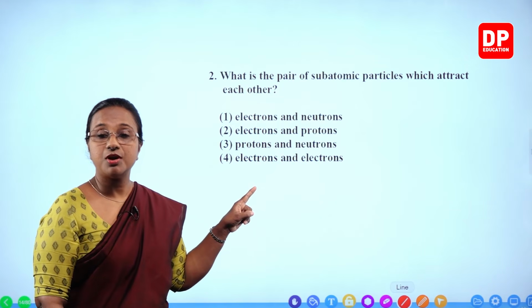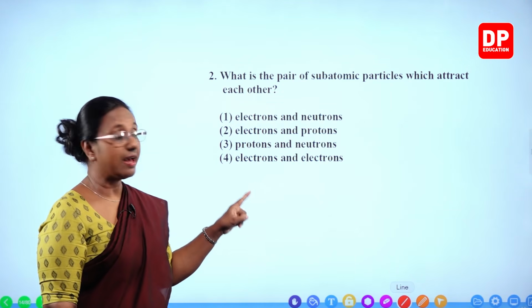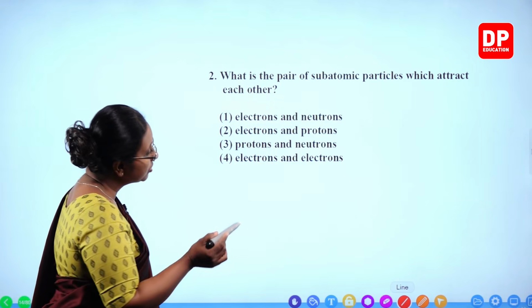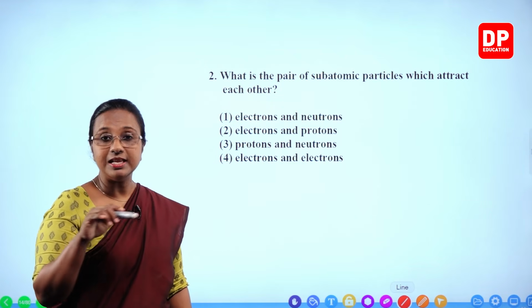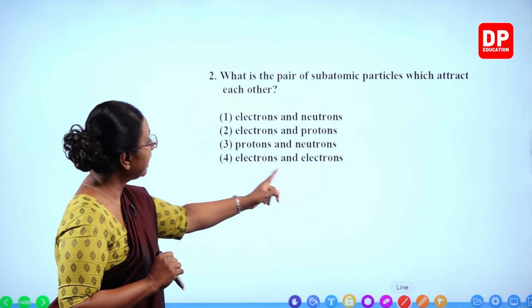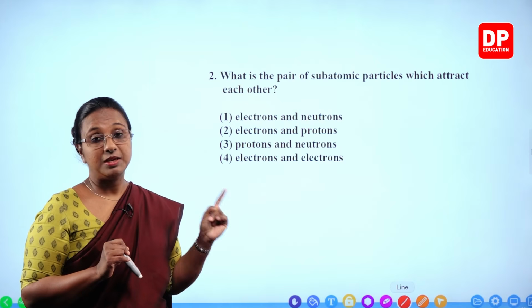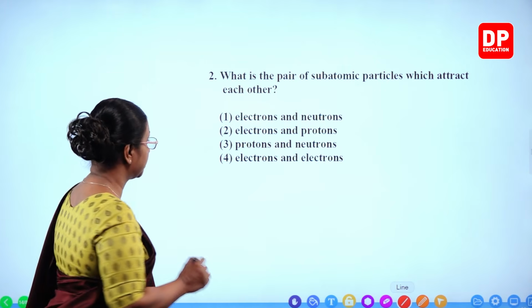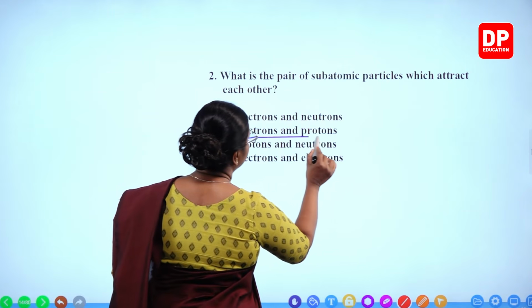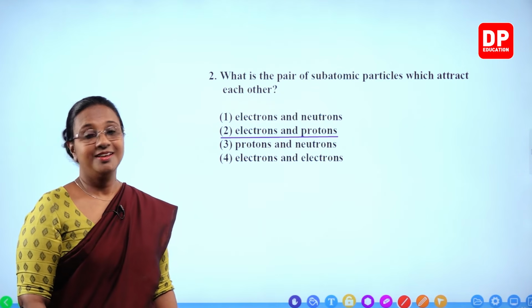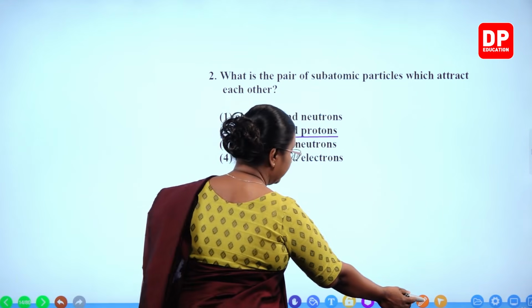No, because neutrons are neutral. They don't have a charge. Electrons and protons? Yes. Protons and neutrons? No, they are all inside the nucleus. And electrons and electrons, I told you, they do repulse each other because they are negatively charged. So it is electrons and protons. Is that clear, students? Then we'll move to the third question.